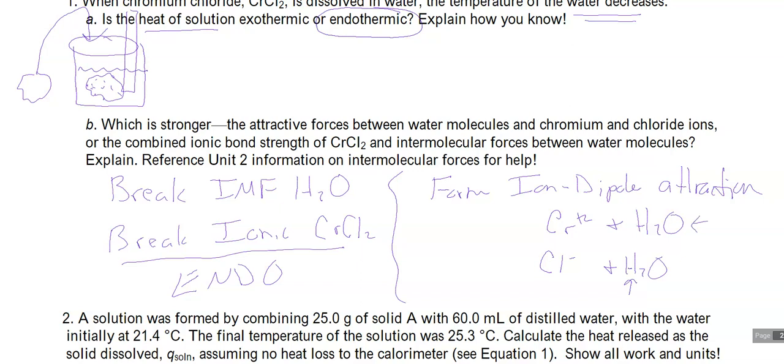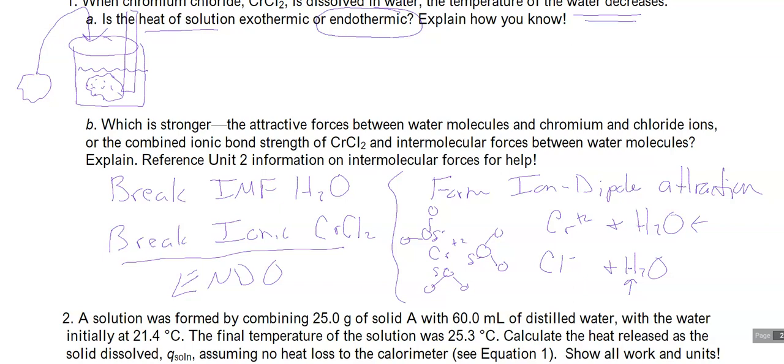Okay, so we're forming these ion dipole attractive forces where, right, we would have like our Cr+2 ion, and then we would have a bunch of water molecules around it like this. Okay, so that is what we have going on here. So that's our negative end of water, the oxygen, right? And the opposite would be true for the chloride.